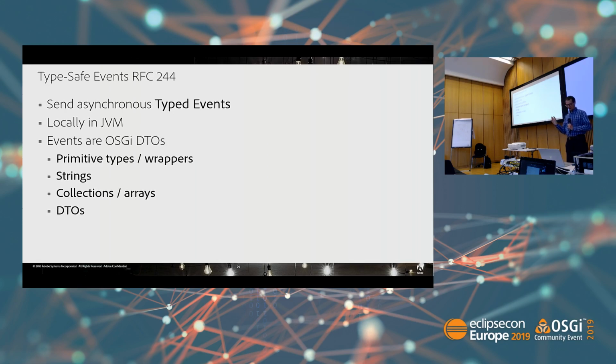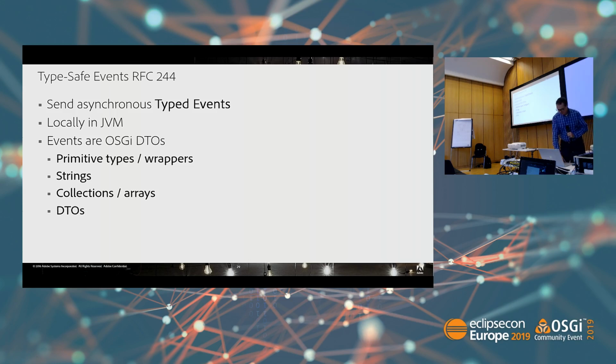OSGi DTOs are also an existing spec that basically says these are data objects, effectively structs in Java. They can contain primitive types or strings or collections or other DTOs, so you can create your tree of DTOs using this structure. And these DTOs can be put into the event bus and sent to receivers of these events, which are loosely coupled within the same system.